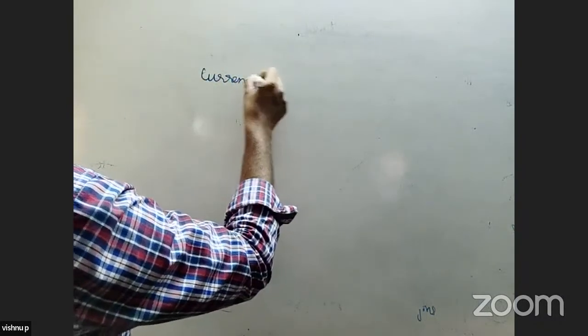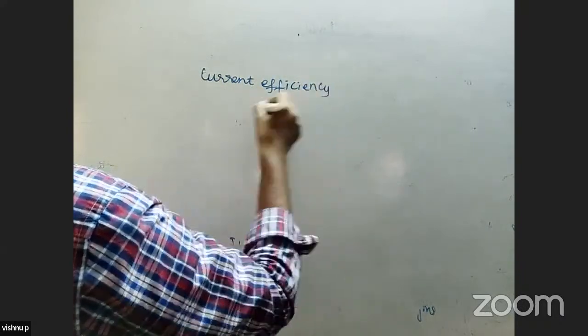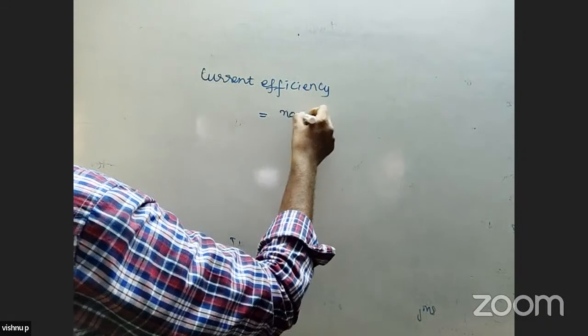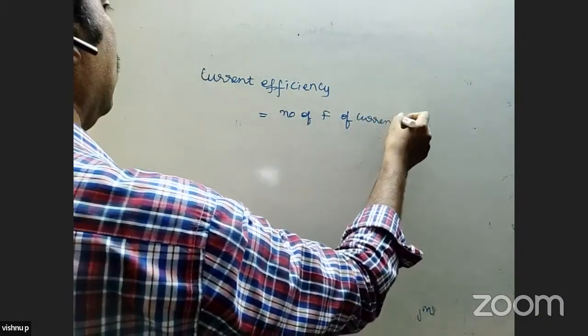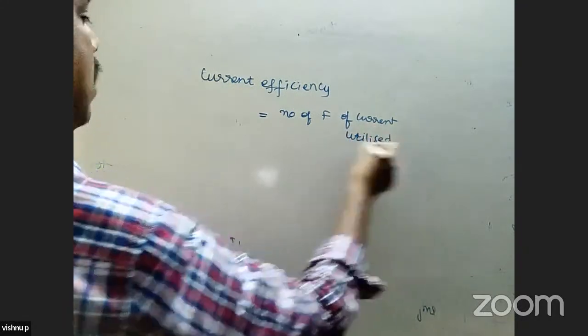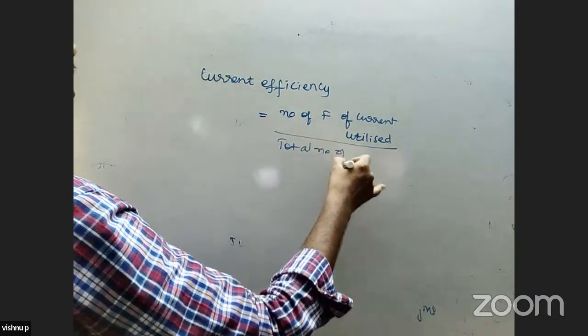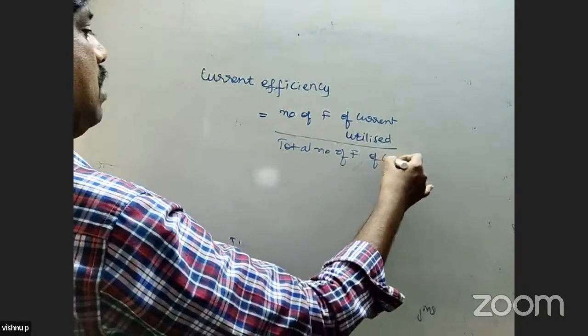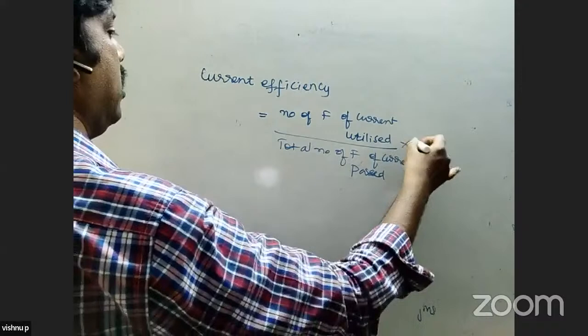Next is the current efficiency. Current efficiency is equal to the number of Faradays of current utilized by the total number of Faradays of current passed, into 100.